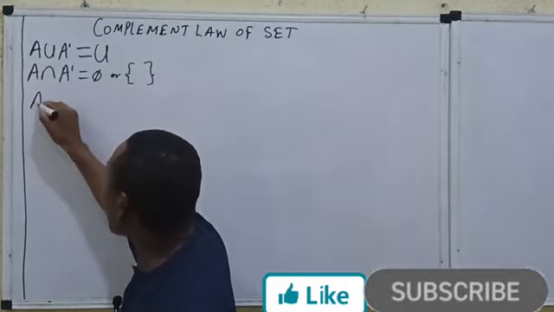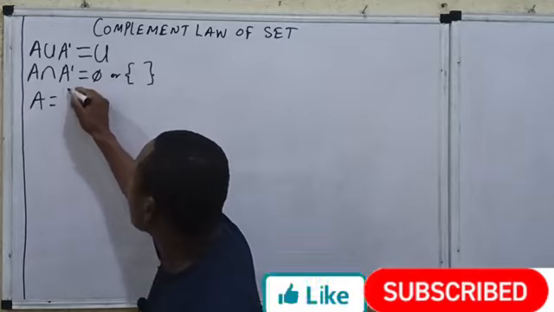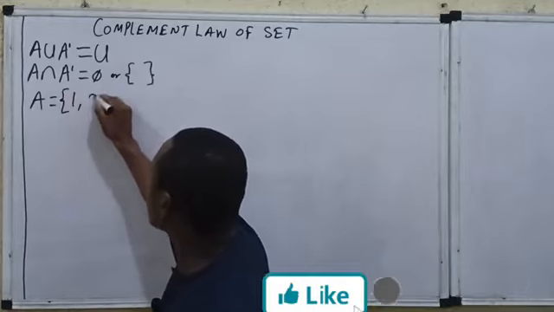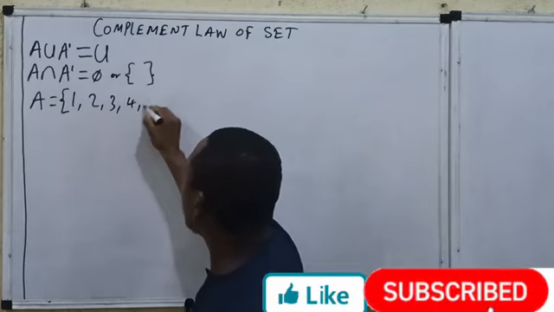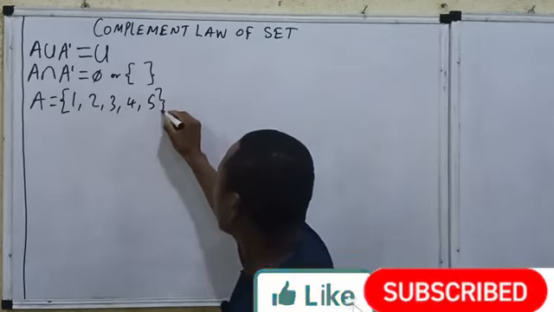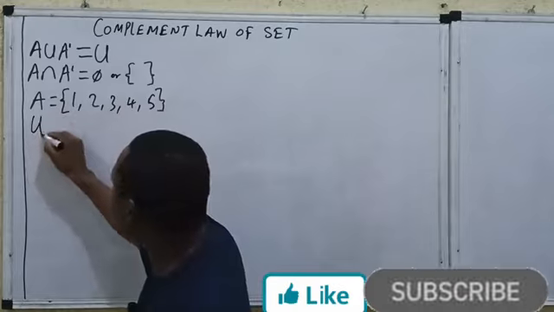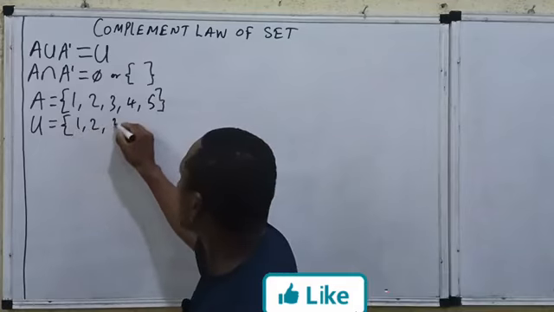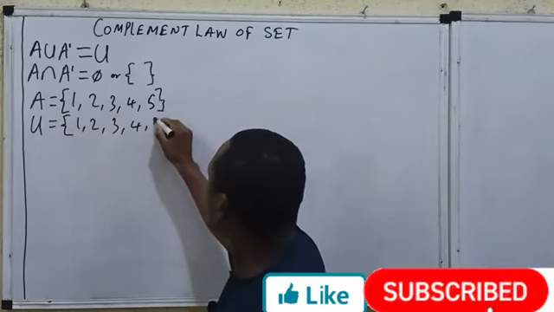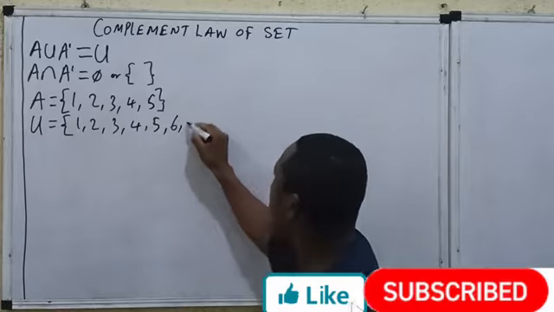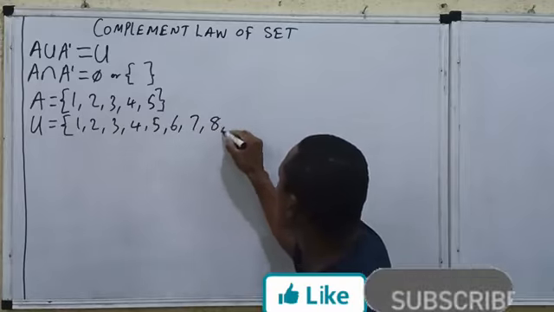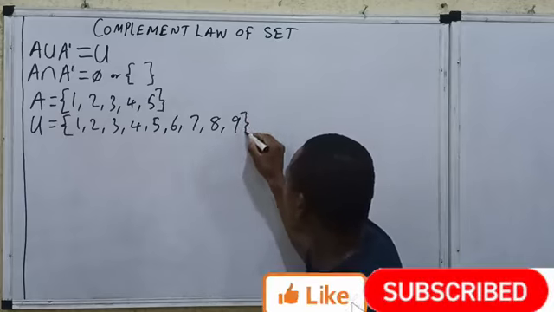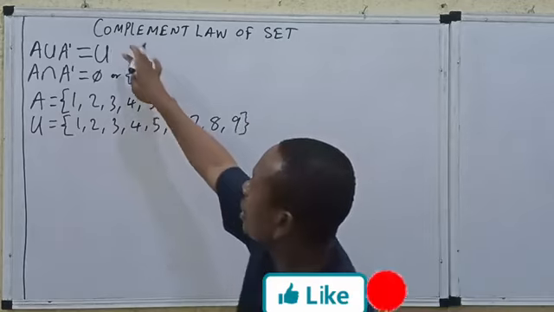Okay, so let's assume that we have set A as 1, 2, 3, 4, 5, and we have the universal set as 1, 2, 3, 4, 5, 6, 7, 8, 9. Okay, so let's prove this first one.